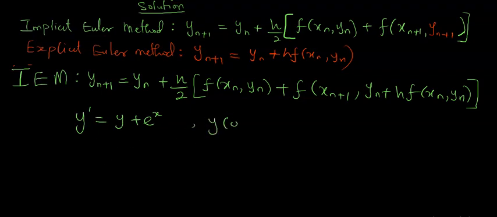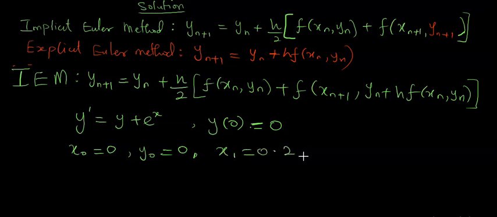Now for y of 0 equals 0, this simply means that x naught is equal to 0, y naught is equal to 0. So x1 definitely is going to be 0.2, x2 is going to be 0.4. So here we can see our step length is 0.2. It is moving by 0.2, from 0 to 0.2 to 0.4. That means the step length is 0.2.